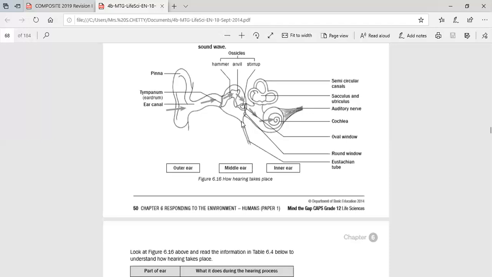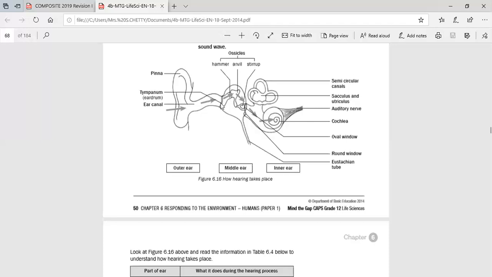And when it does, it is very difficult for air to be sucked in or expelled from the middle ear. And should you have a sudden change in air pressure, you can actually have your eardrum bursting because of the unequal pressure on both sides of the tympanic membrane.